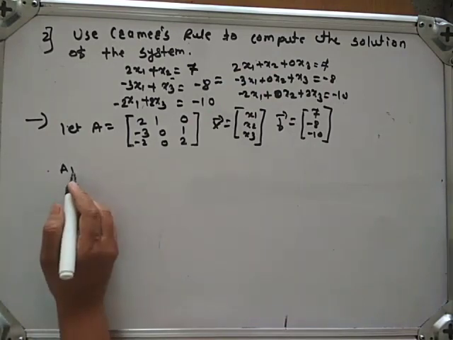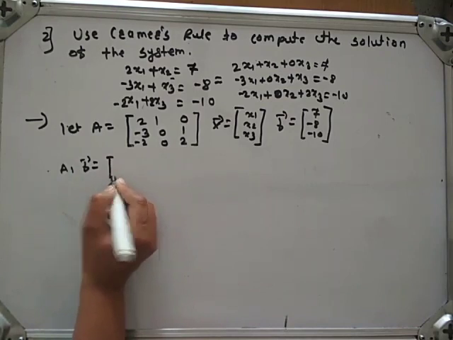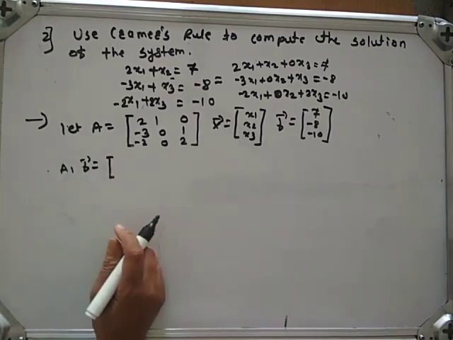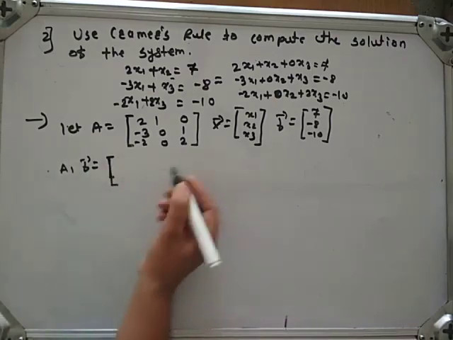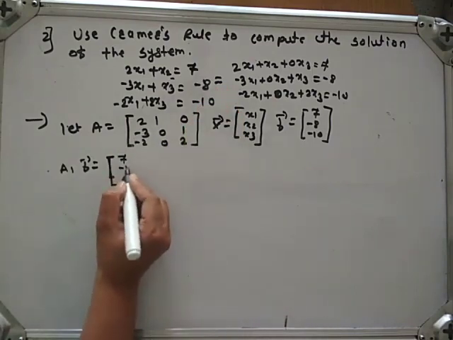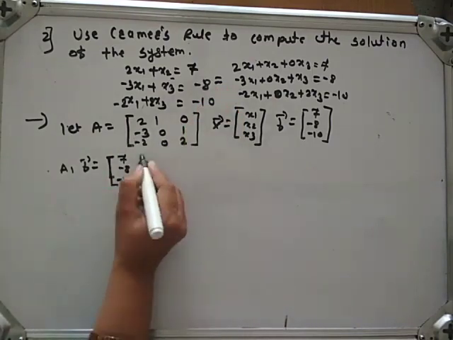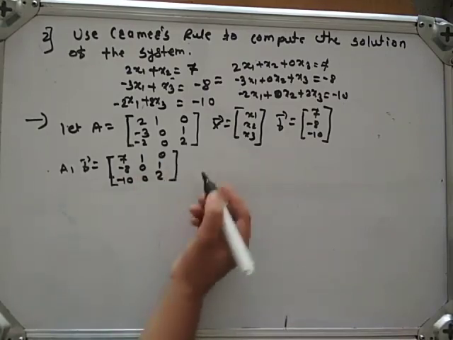So A1 into B bar is equal to the matrix where, instead of the first column, we write down the entries of B bar: 7, minus 8, minus 10, and the second and third columns as they are.